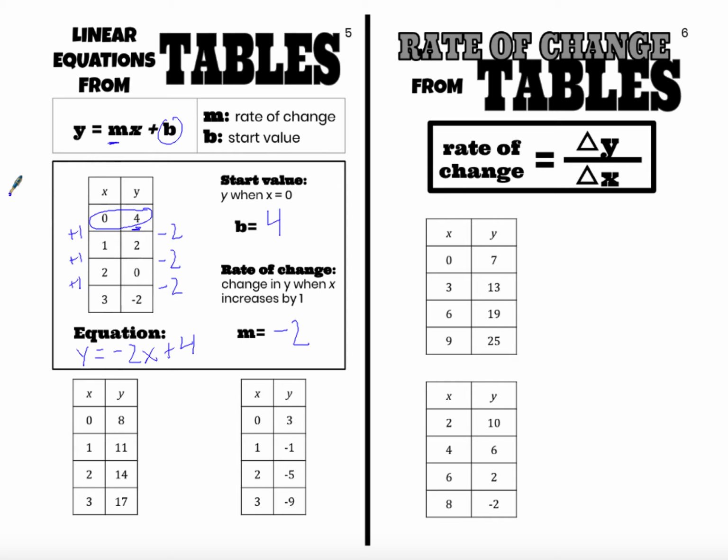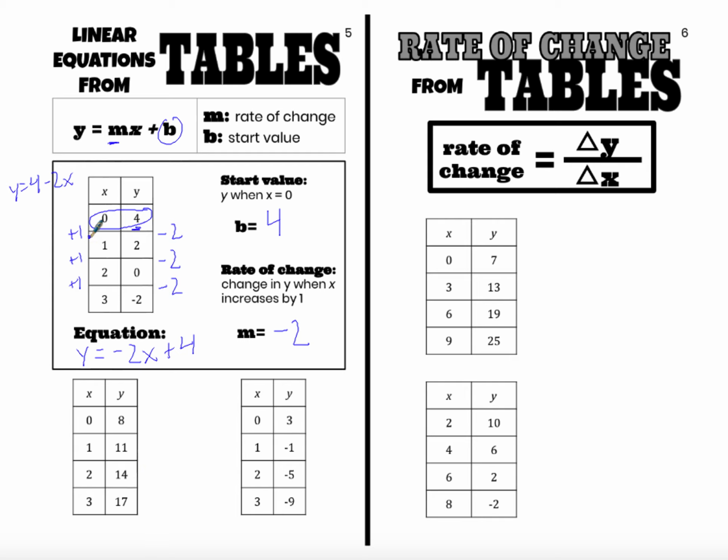To me, y equals 4 minus 2x makes more sense. We're starting with 4, and then we're repeatedly subtracting 2. But sometimes you're asked to write the equation in slope-intercept form, and that would be y equals -2x plus 4.